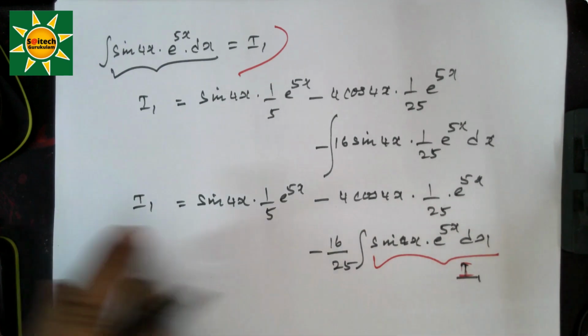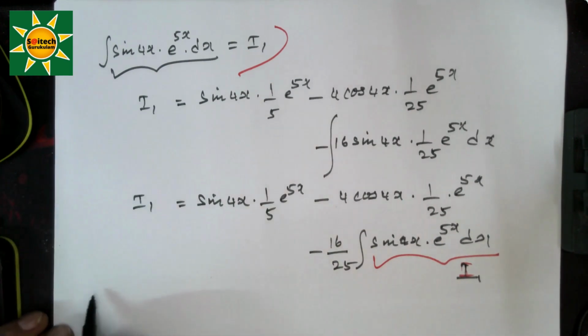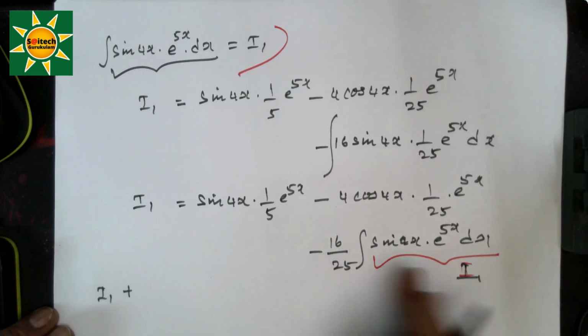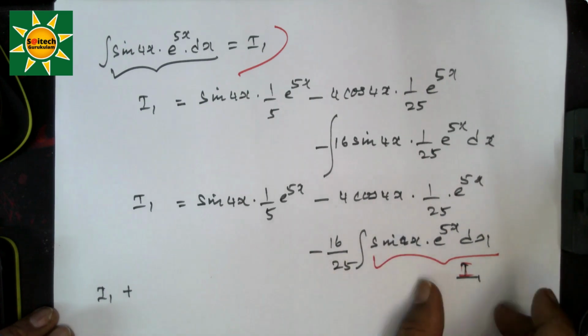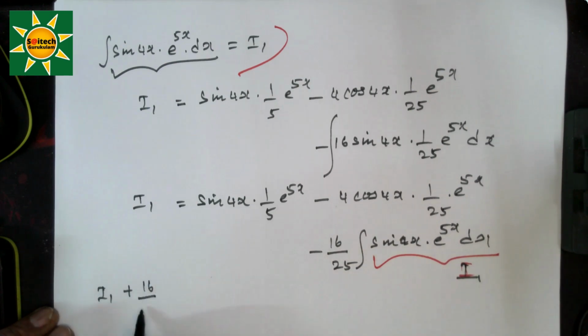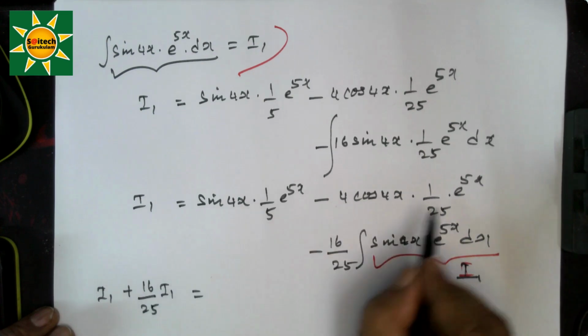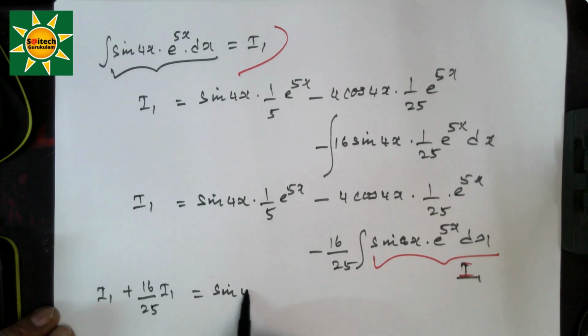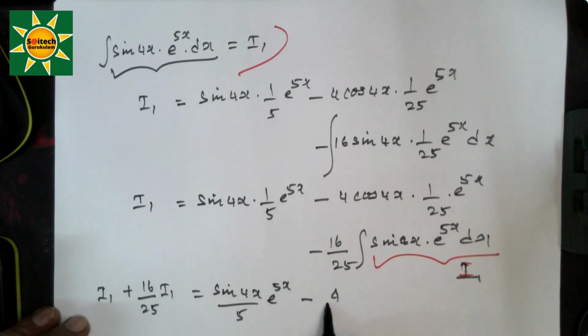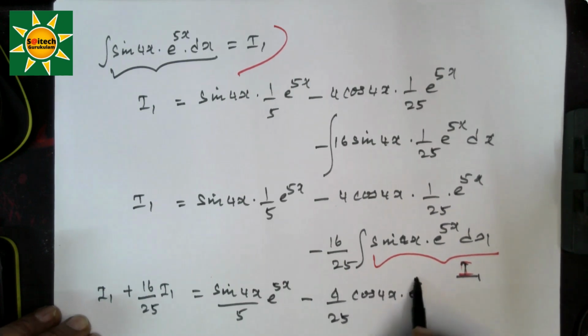So this can be taken to the LHS. Therefore I1, plus 16 by 25 I1, since minus 16 by 25 I1 becomes plus 16 by 25 I1, is it not? That is equal to the remaining, sine 4x by 5 into e power 5x minus 4 by 25 into cos 4x e power 5x.